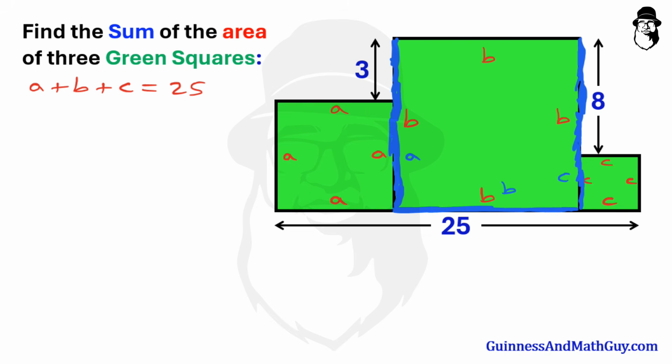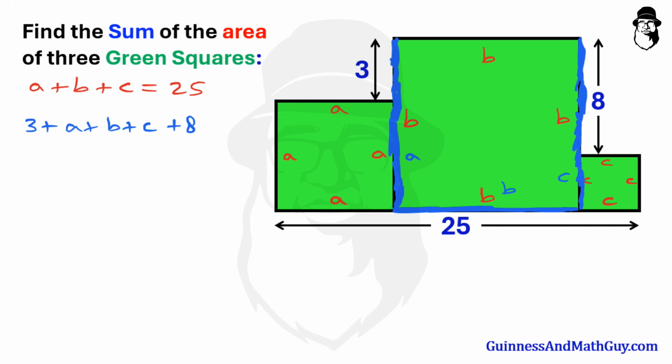If we look at this, we have three sides: this side, then this side, and then this side. These three sides of the larger square we can write as 3 plus A plus B plus C plus 8.